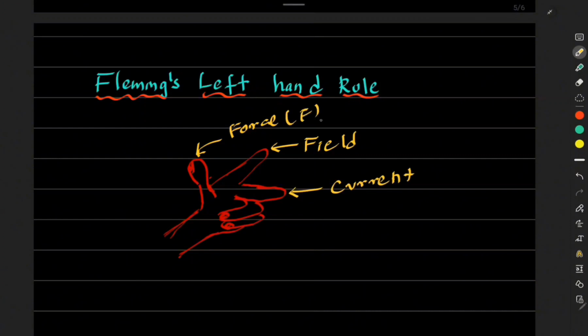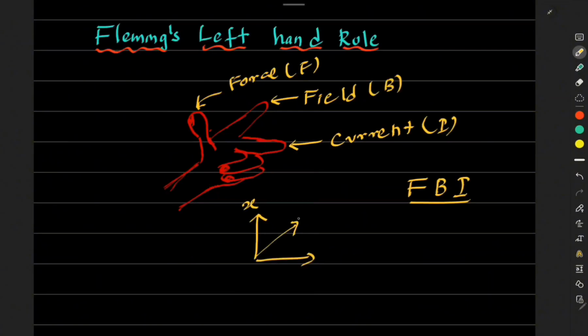This is F, this is B, and this is I. We can simply remember it as FBI. This is X, Y, and this is Z. Each is at 90 degrees to the others. F, B, I are perpendicular to each other.